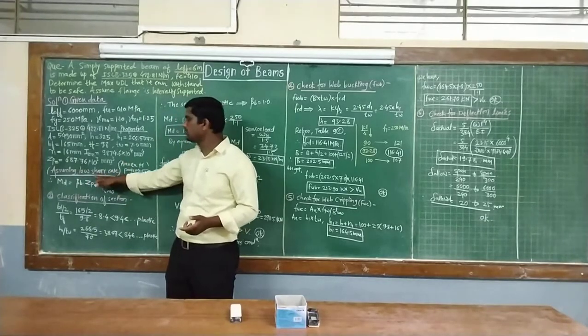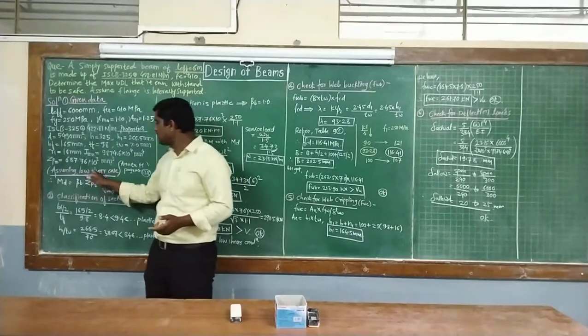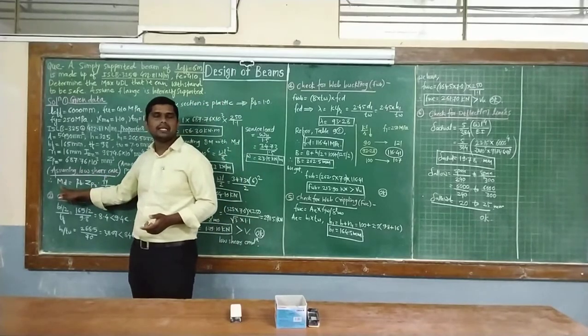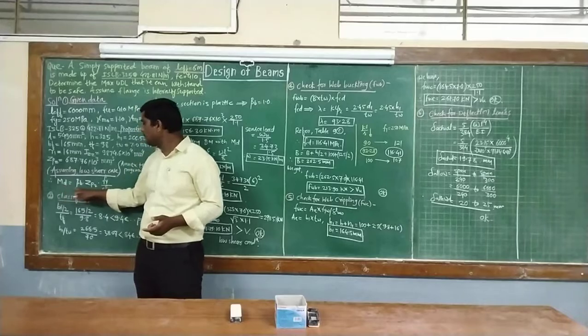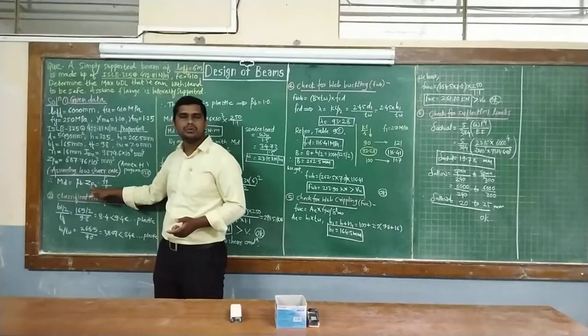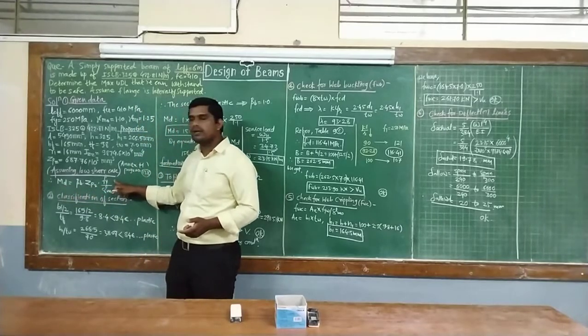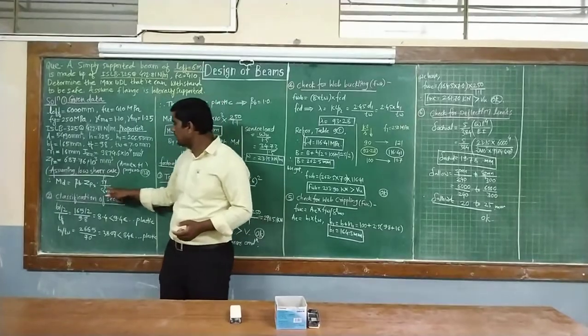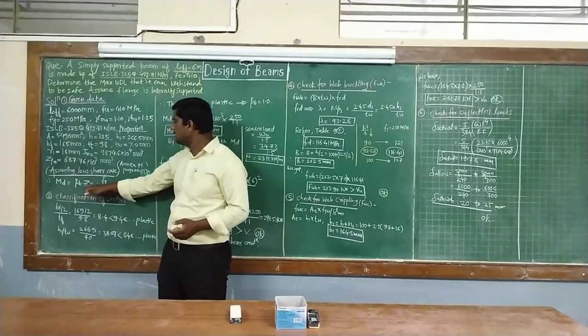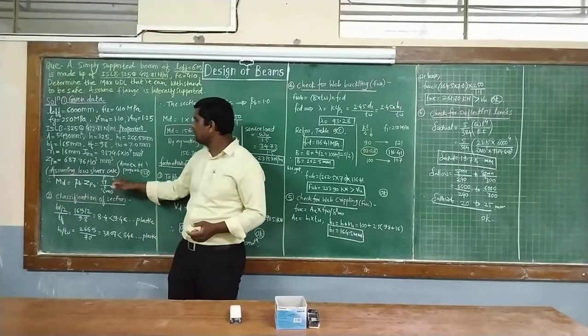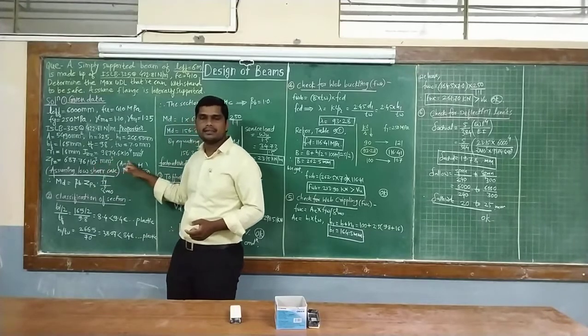Our assumption is low shear case. For this, the design bending moment is Md equal to beta B into ZpZ into Fy divided by gamma m0. For that we need the value of ZpZ, which we have taken from Annex H.